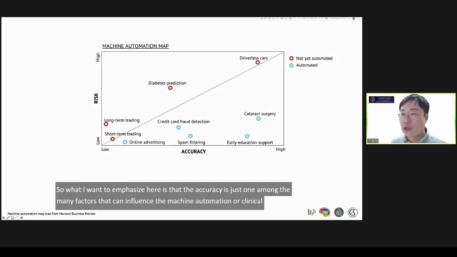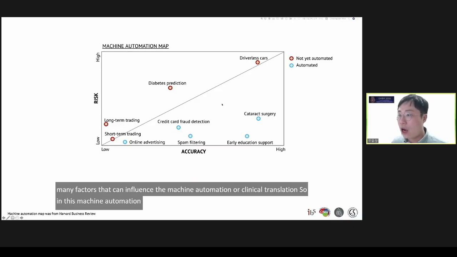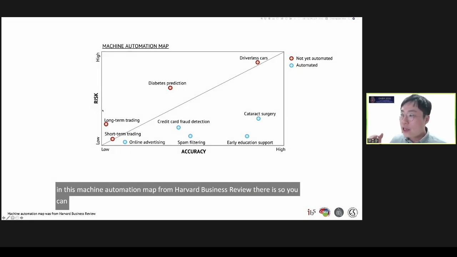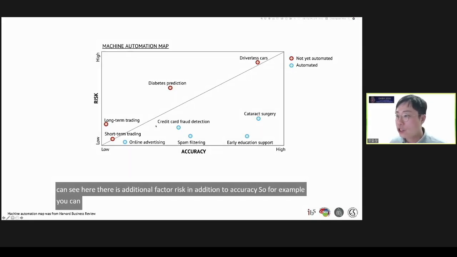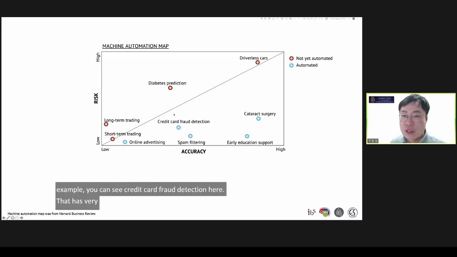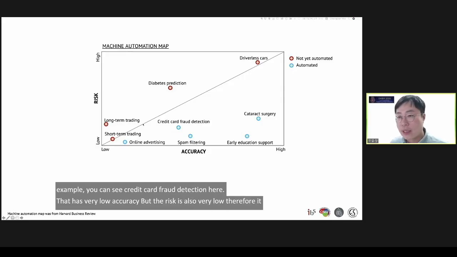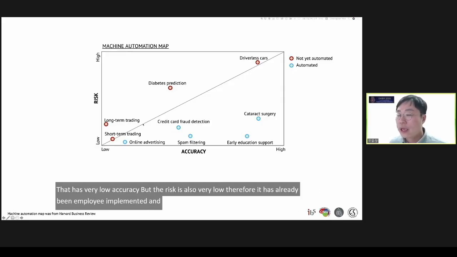In this machine automation map from Harvard Business Review, you can see there is an additional factor, risk, in addition to accuracy. For example, credit card fraud detection has a very low accuracy, but the risk is also very low. Therefore, it has already been implemented and used in the real world.